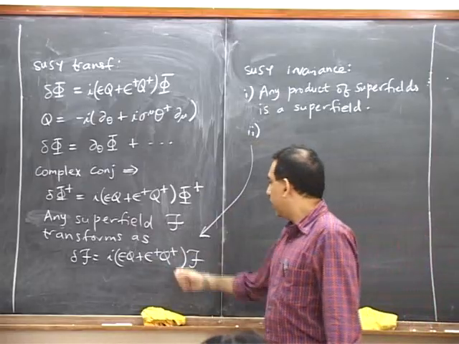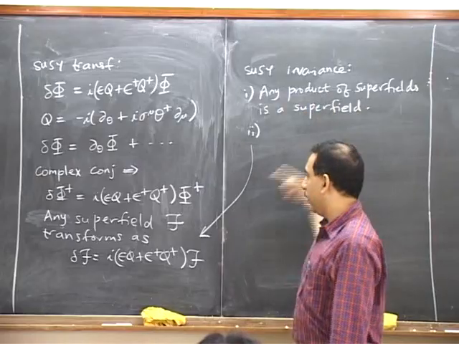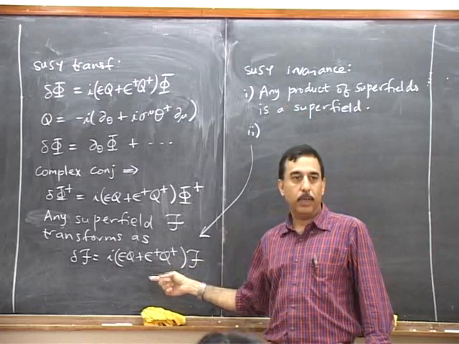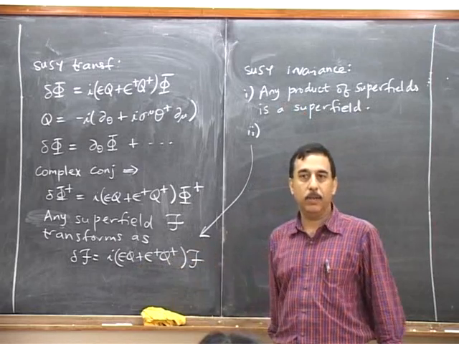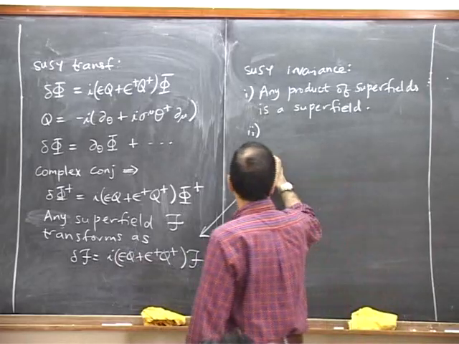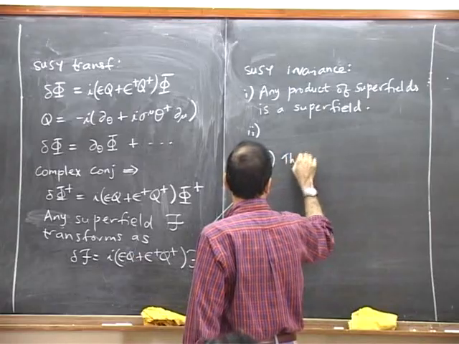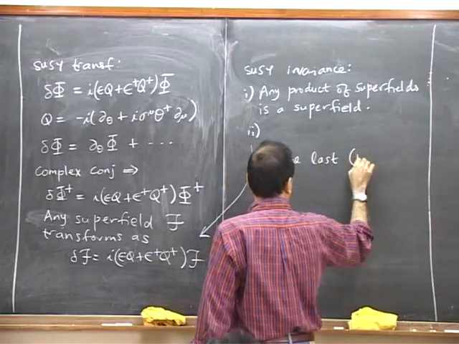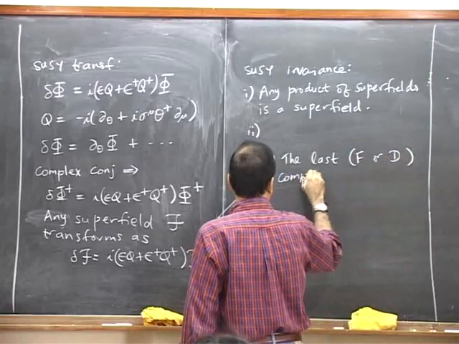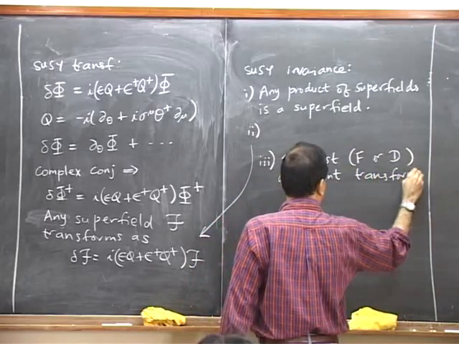Okay. And this is compatible with the first one because if the given superfields transform in this way, then the product of them also will transform in this way. Because this is a first order infinitesimal, a differential operator of first order, so it distributes on all the factors. Okay, and then we have the fact that the last F or D component transforms under supersymmetry as a total derivative, which I showed last time.